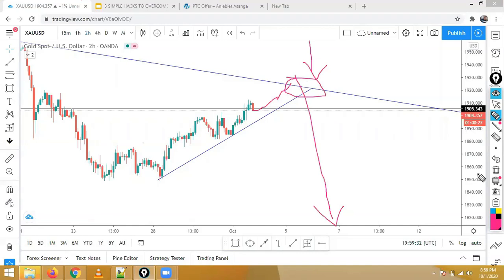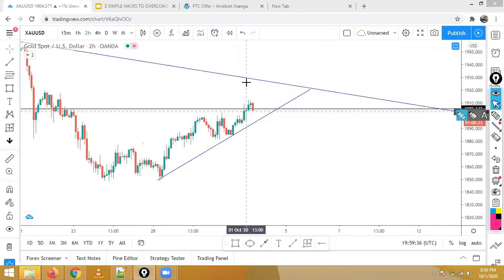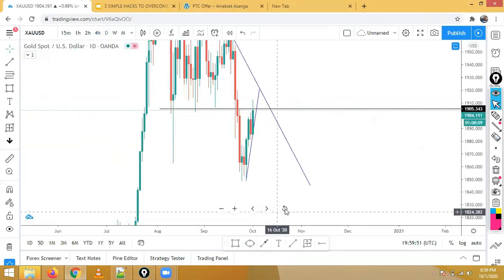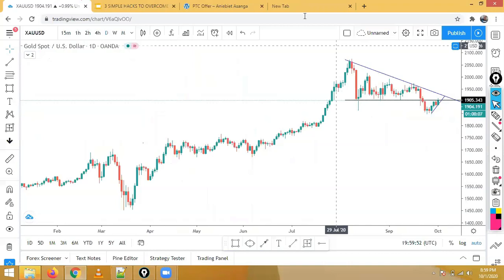All right, so that is gold. But if you see a breakout, follow it to the top. Actually, this week I'm neutral. You guys saw my watch list on gold for this week. I was neutral on gold, and I'm still neutral. But if I see a clear rejection on that trend line, then I'm going to sell.